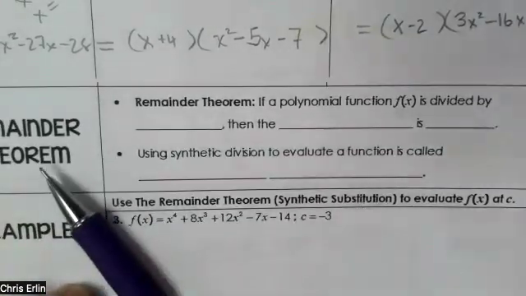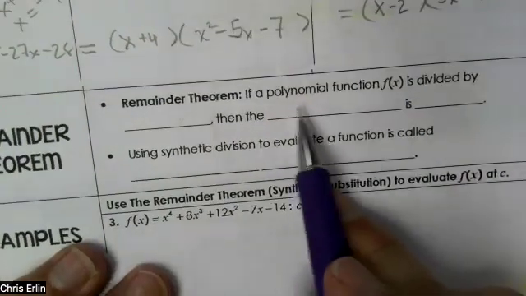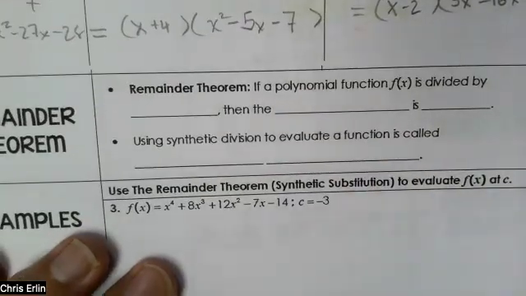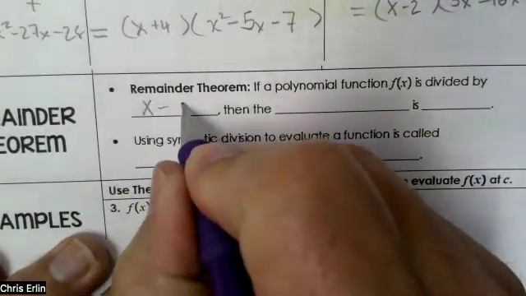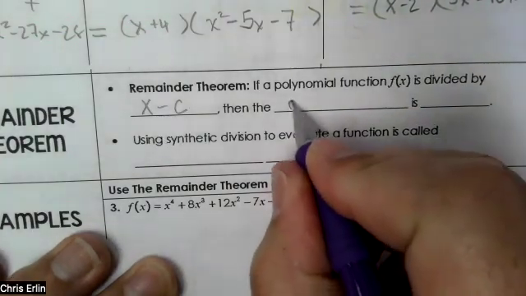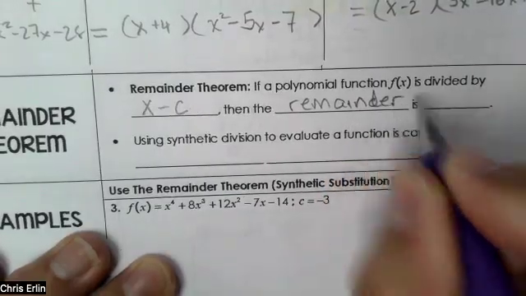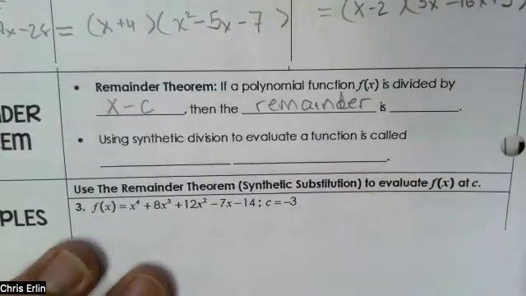Well, this is called the remainder theorem that we just derived. And what it says, if a polynomial function f of x is divided by x minus c, then the remainder is what?